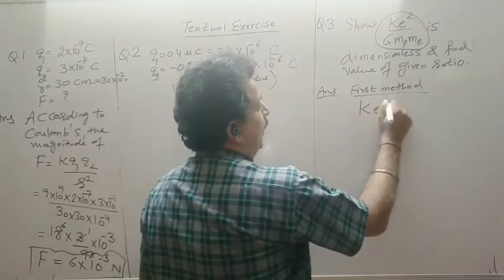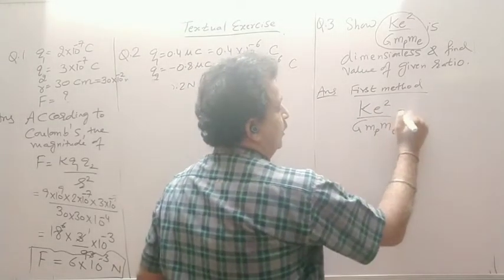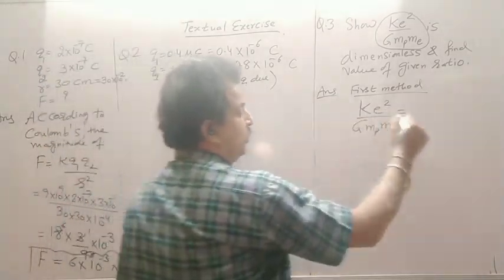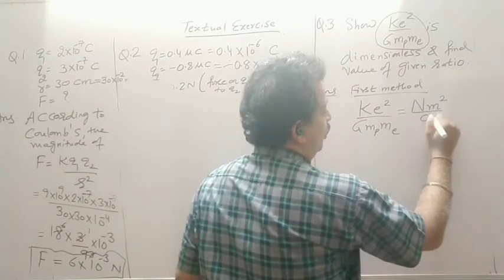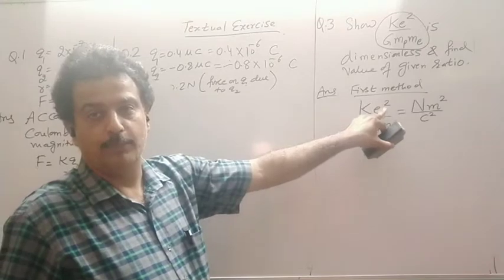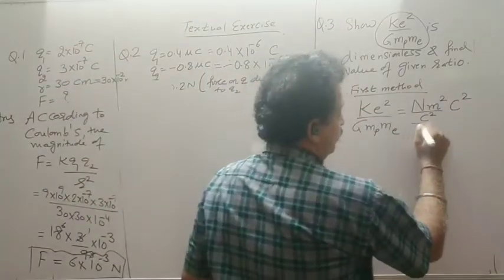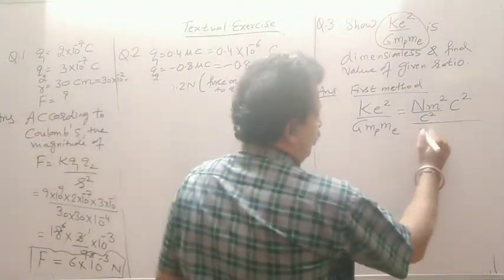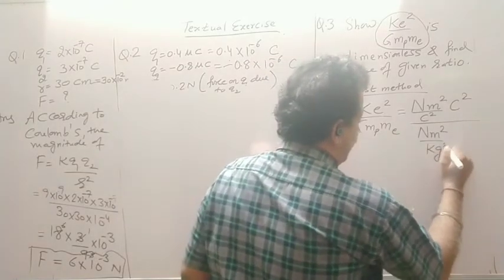K e square upon G Mp Me. Now the unit of K, the Coulomb's constant, is Newton meter square upon Coulomb square. Now e is a fundamental charge, that is, the charge on proton and electron. e square, so the units become Coulomb square, divided by capital G. Capital G, if you remember, has unit Newton meter square upon kg square.